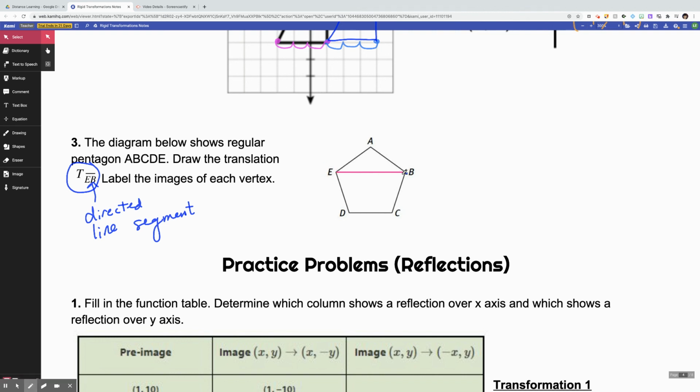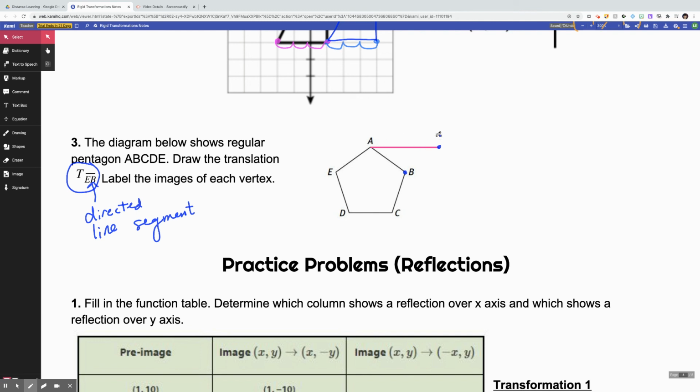So my original point E is now going to be here. My original point A is now going to be here. And I really should be labeling these as I go.